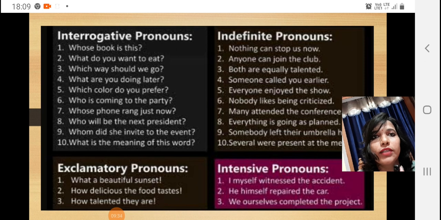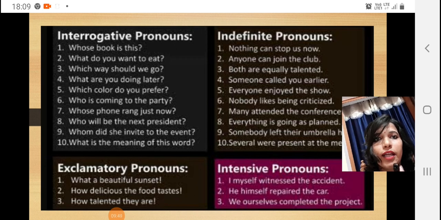Okay, so that way it is used. What, which, what are again interrogative pronouns. The next example is which color. So which color is again an interrogative adjective. Okay, so you must understand. Whose phone is again an interrogative adjective.